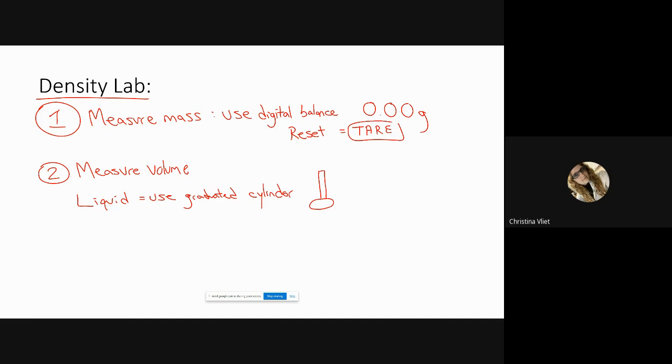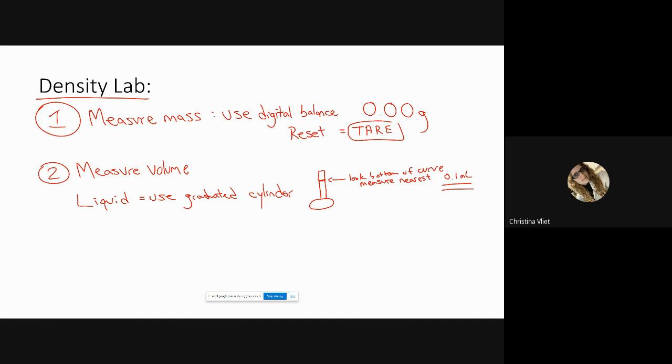Do you remember where to look when measuring the volume of a liquid? Go ahead. There's going to be a little dip in the line, and you look at the bottom of the curve. You may want to write this note: measure to the nearest 0.1 ml. That's what it does.